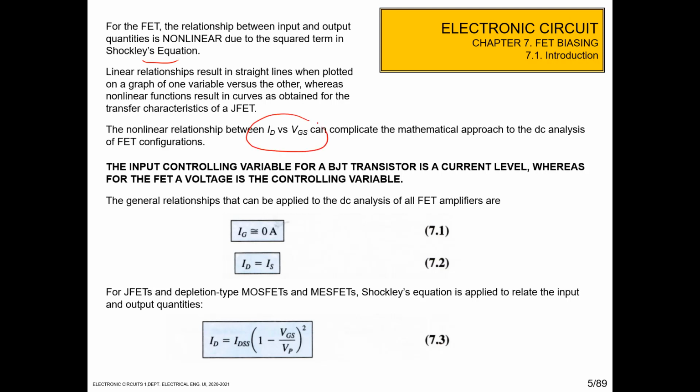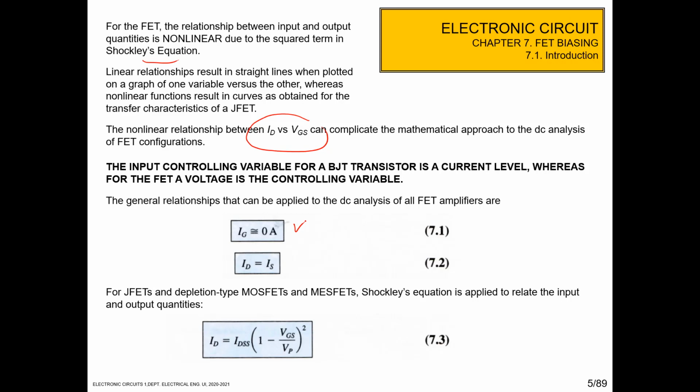In this biasing, we will often draw the relationship between the drain current and the gate to source voltage, or ID versus VGS, for the FET configuration.